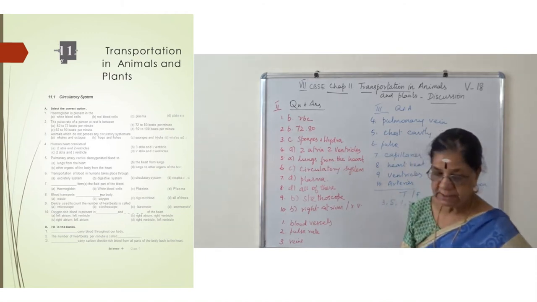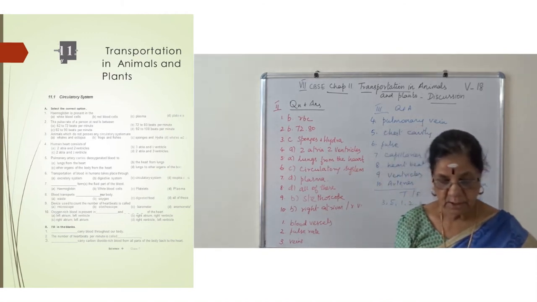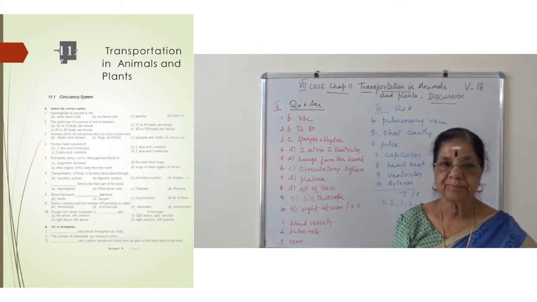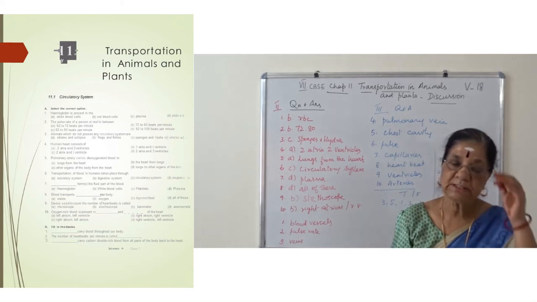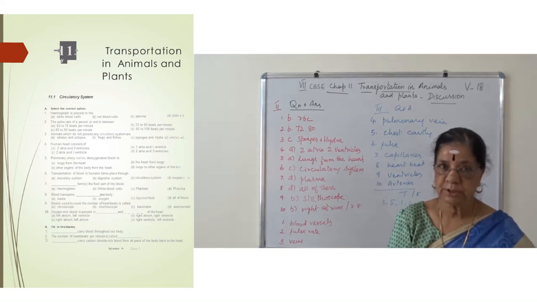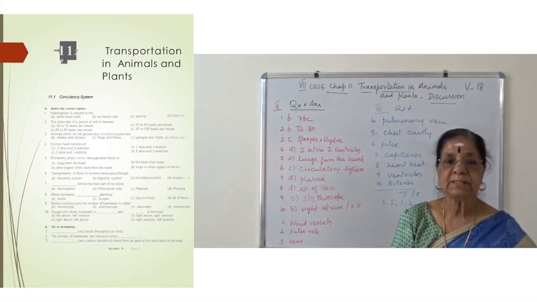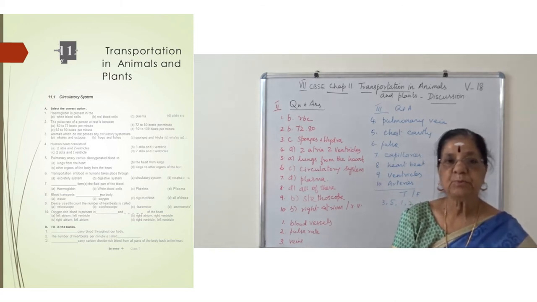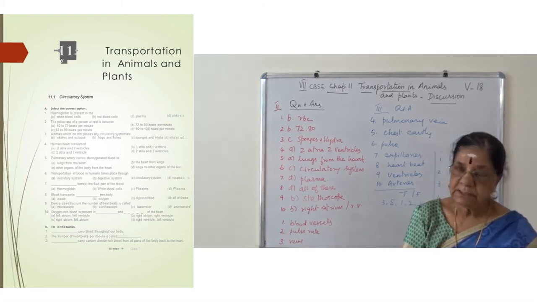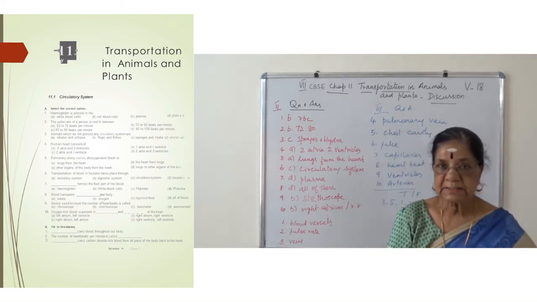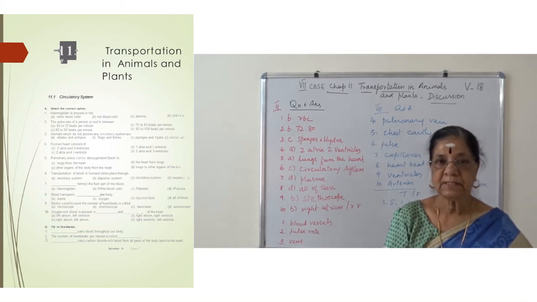Then question 5, pulmonary artery carries deoxygenated blood. We know arteries distribute oxygenated or pure blood to various parts of the body except the pulmonary artery. In the same way, veins collect impure or deoxygenated blood from various parts of the body except the pulmonary vein.